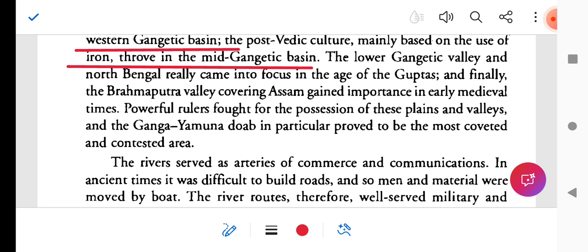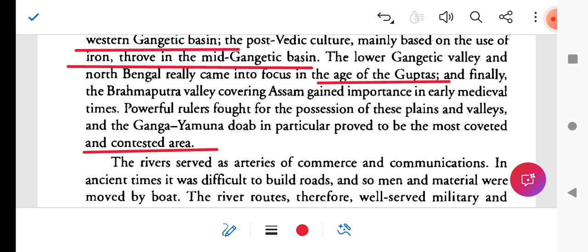The lower Gangetic Valley and North Bengal really came into focus in the age of the Guptas. And finally, the Brahmaputra Valley covering Assam gained importance in early medieval times. Powerful rulers fought for the possession of these plains and valleys, and the Ganga Yamuna Doab in particular proved to be the most coveted and contested area.